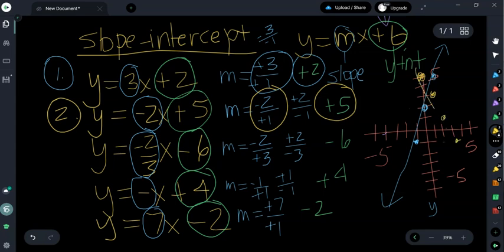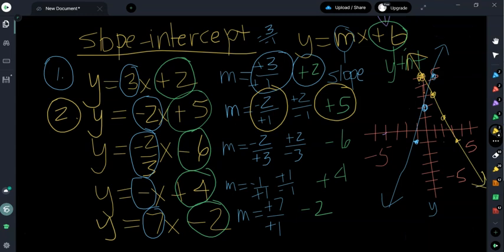And remember, we talked about how you can determine if a line is negative or positive just by the way it slopes on the graph. So if I were to look at this line immediately, I would be able to tell that it's negative. Let's graph the third one.